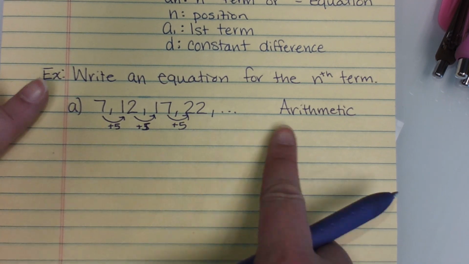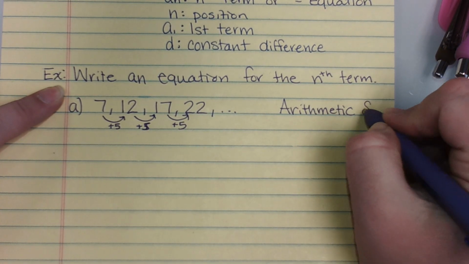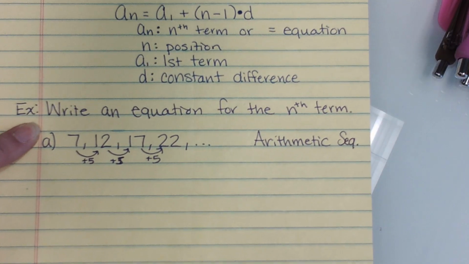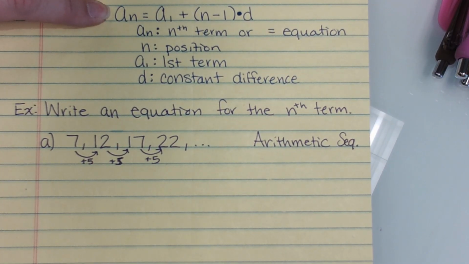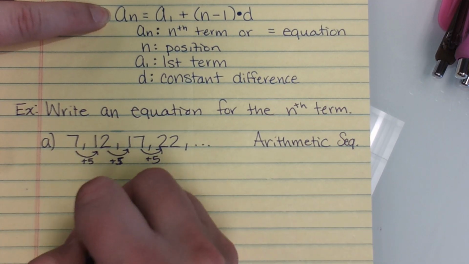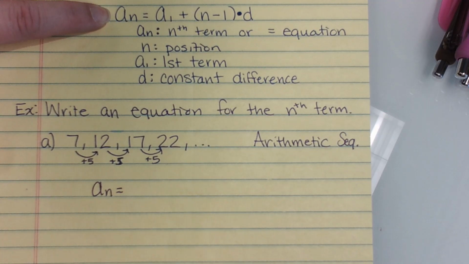Okay, so it's an arithmetic sequence, which means if I want to write an equation for the nth term, I'm using this formula. Much like when you write an equation in point-slope form or slope-intercept form, some things are going to stay letters. A sub n and n will stay letters. A sub n equals.